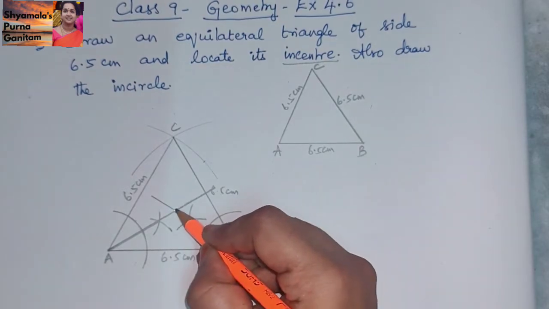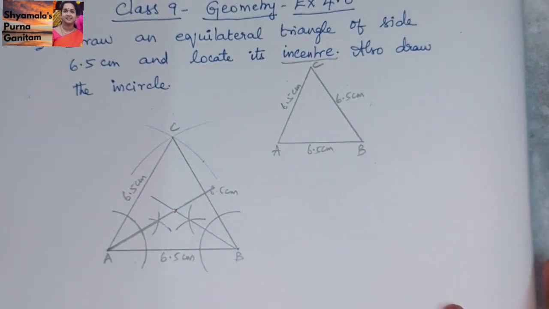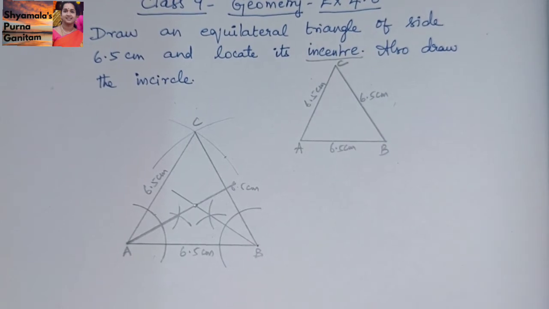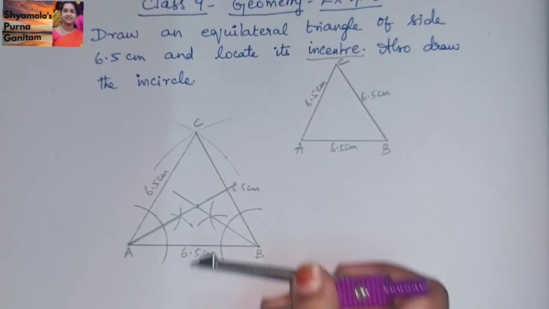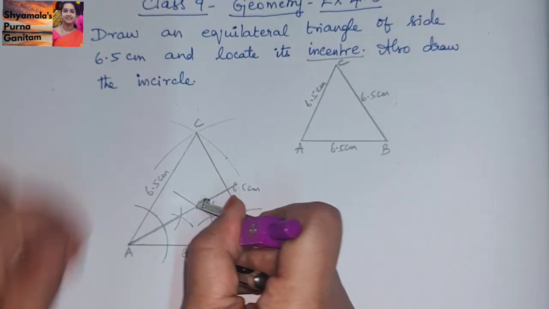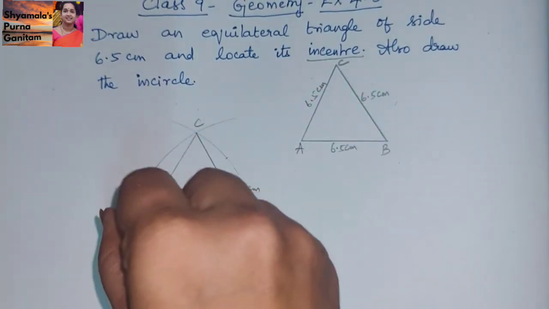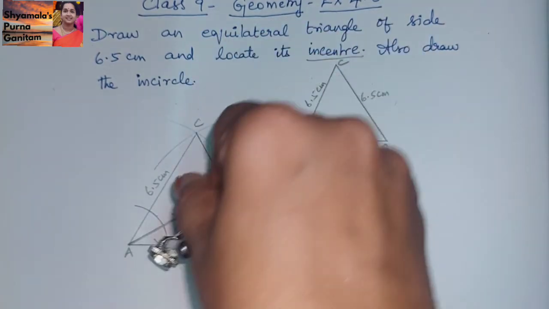For that point I need to find the perpendicular. From that point I will cut an arc on the opposite side. Like this I will get 2 points.